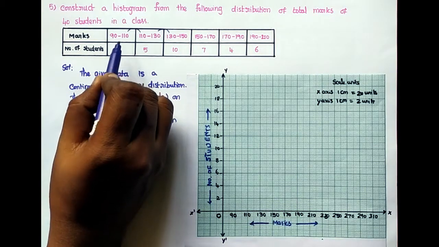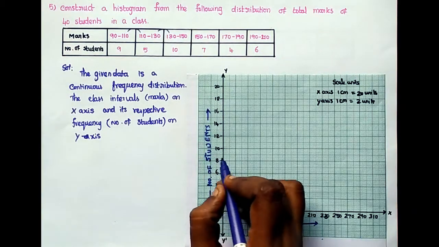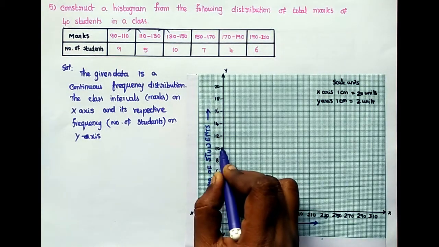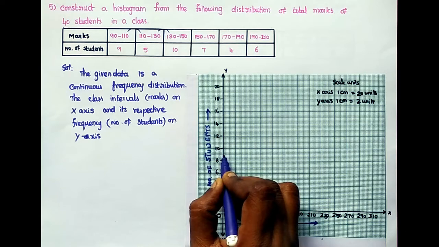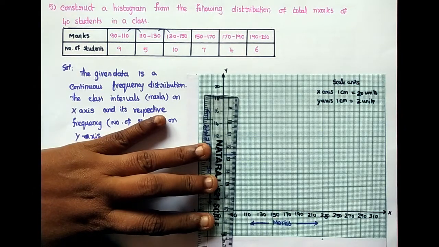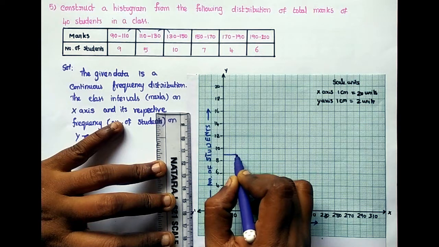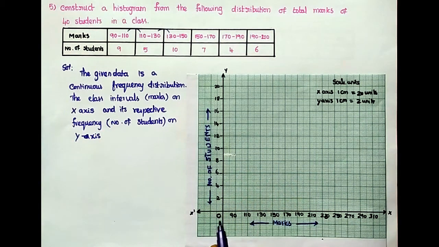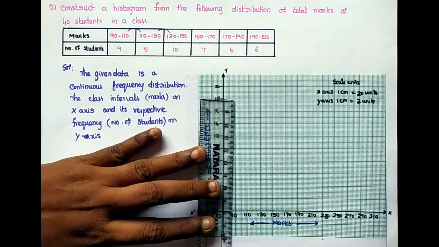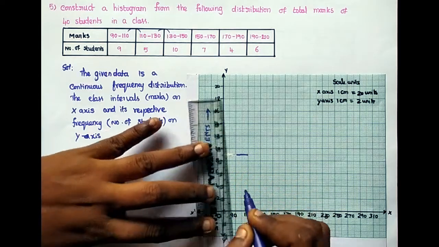90 to 110, how many students? 9 students. In between 8 and 10, there is a thick line, no? That is 9. Here 90 to 110, 9 here.